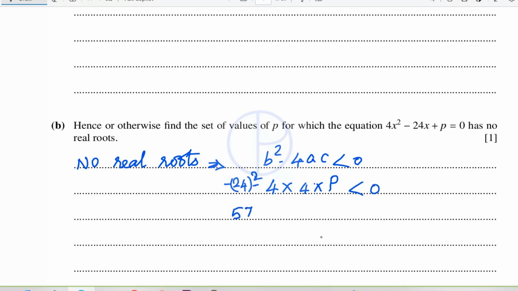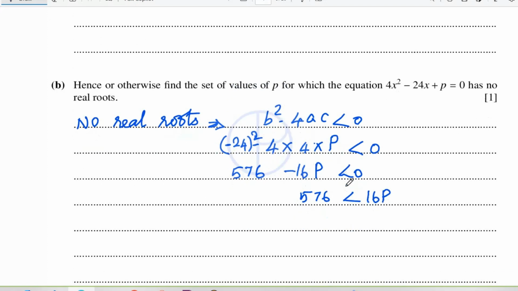So 576 minus 16p is less than 0. 36 is less than p.